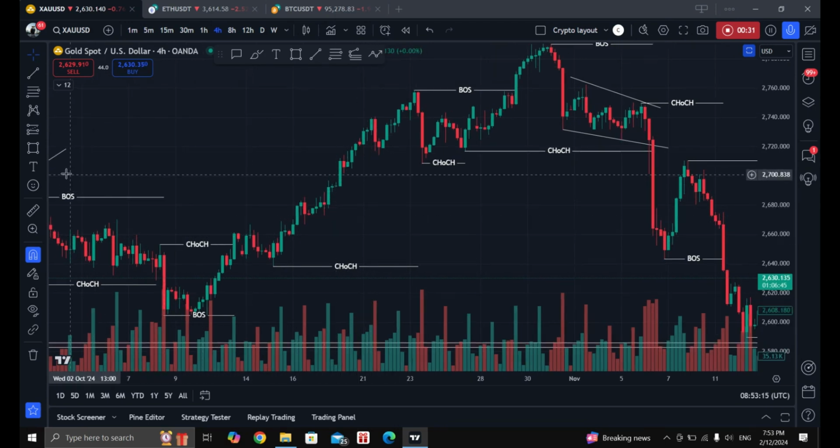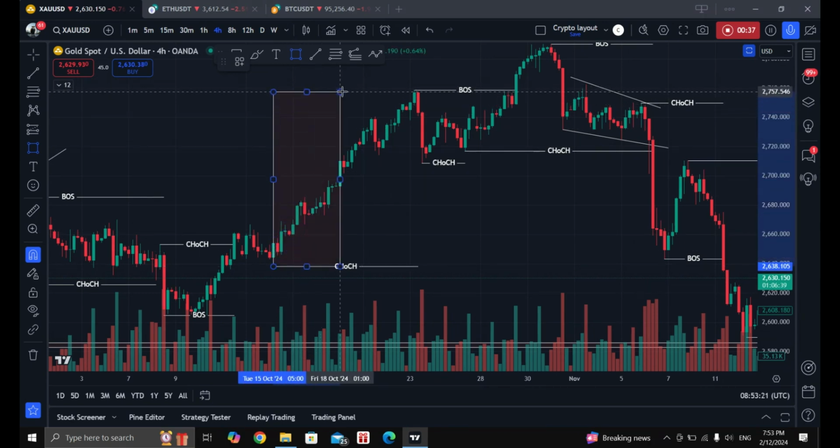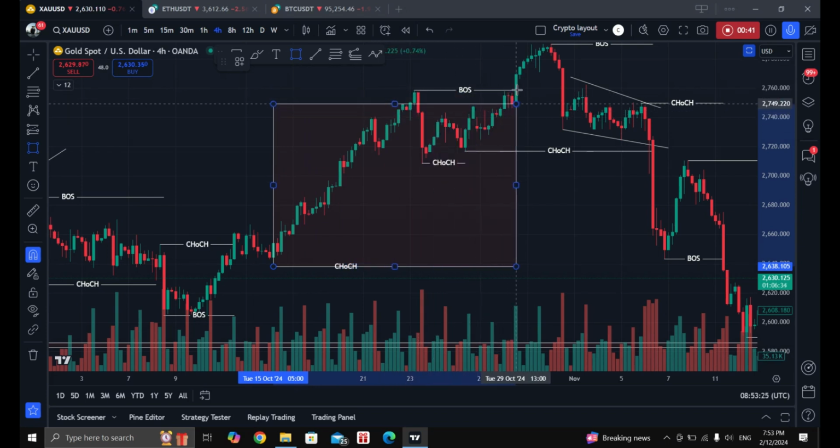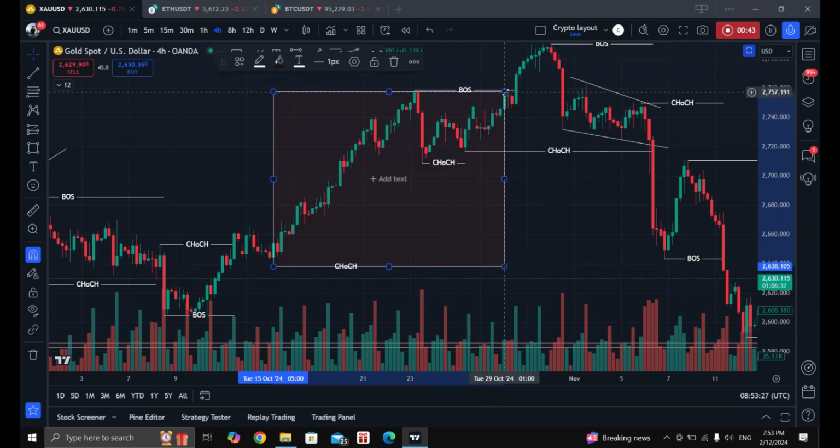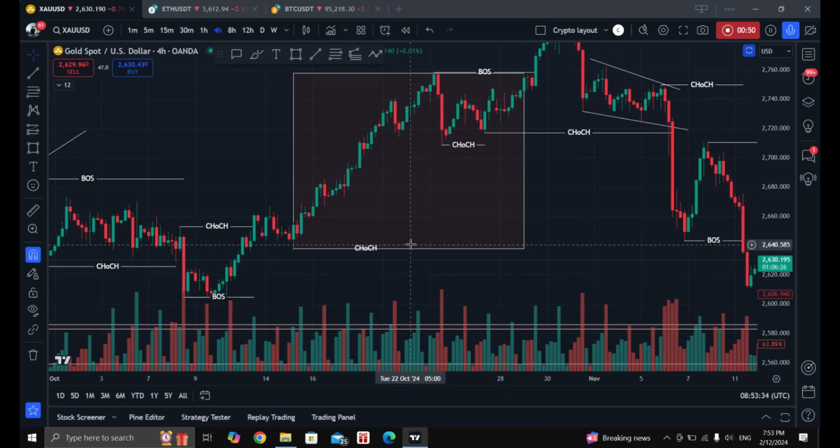So you can understand even better. You can draw a box from the lowest to the highest. The price here can do literally anything it wants. It can even go as low as here, but as long as it stays within this range, that's fine.